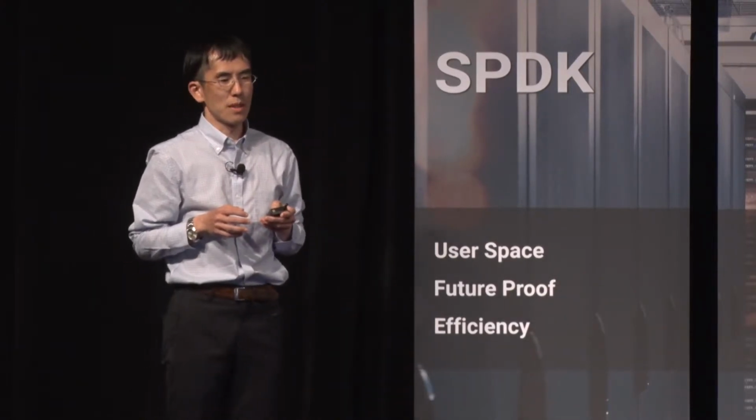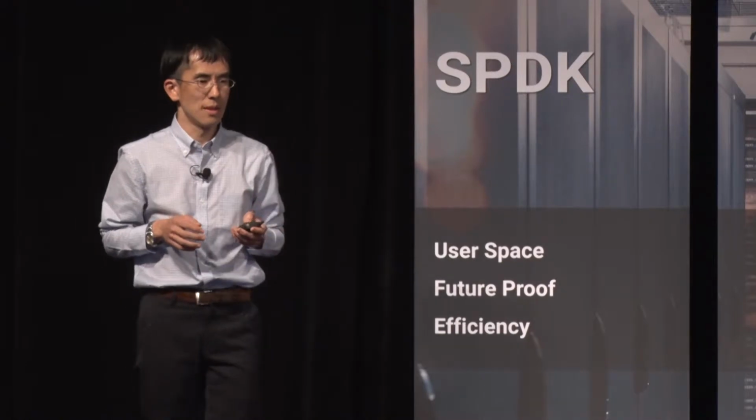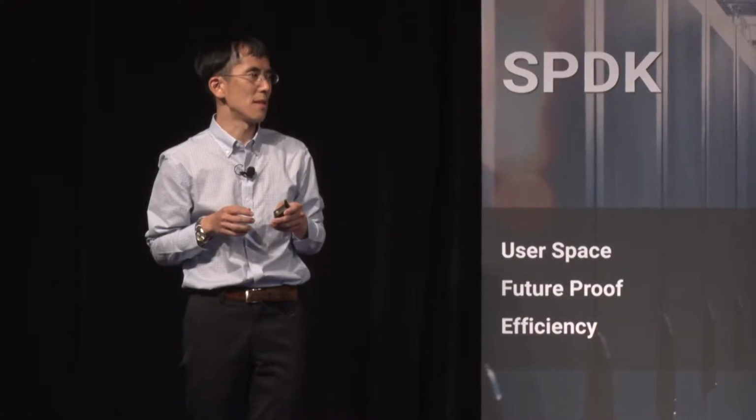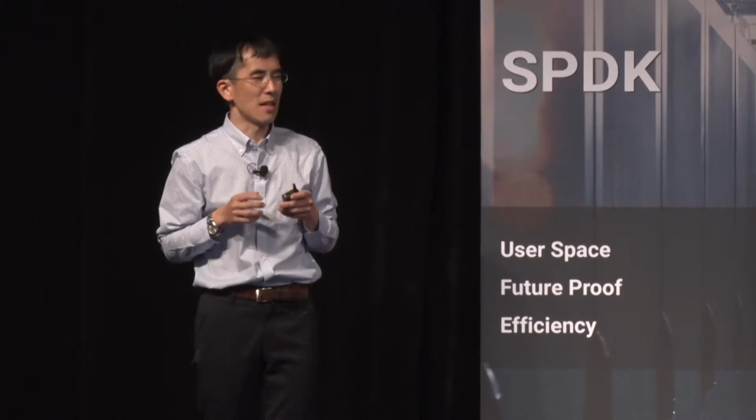I started to work on this feature 4 months ago. SPDK 19.04, which will be released at the end of this month, will support 2 use cases first. The first use case is the DIF insert and strip feature in the SPDK iSCSI target. The reason is that in traditional storage, the block size of 512 plus 8, that is 520, is very popular, so supporting block size 520 is highly anticipated.